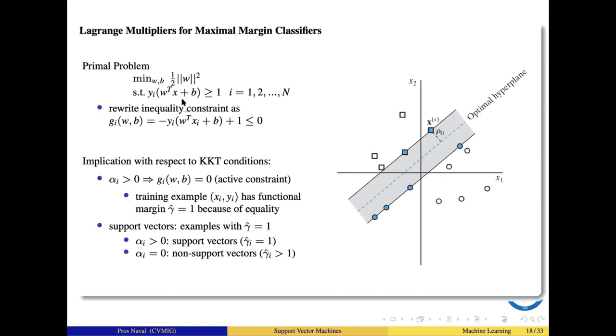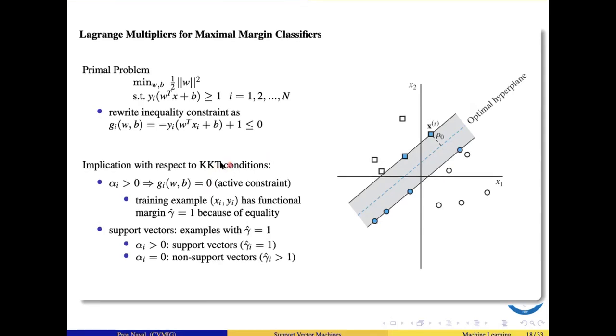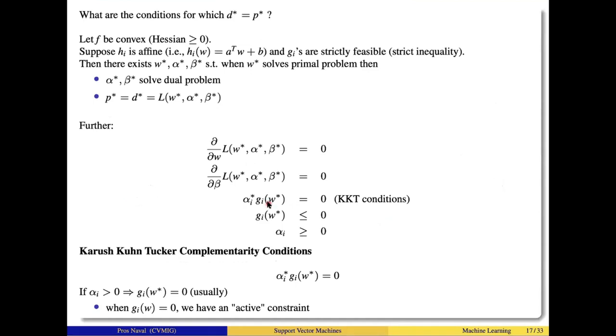So this is the same as that. Now let's have some analysis here. The implication of this with respect to the KKT conditions that we saw in the previous slide. This is the KKT condition.